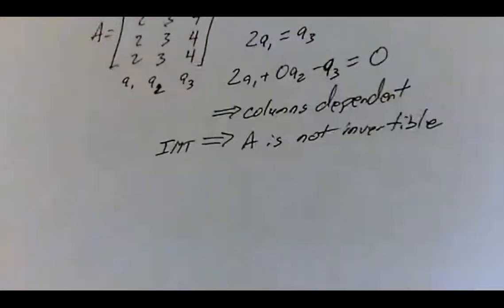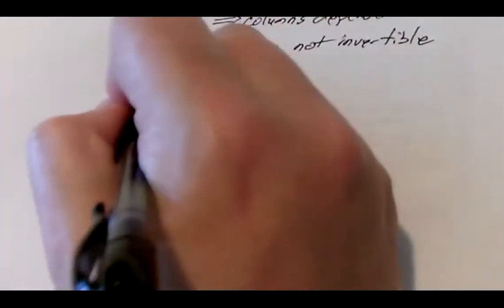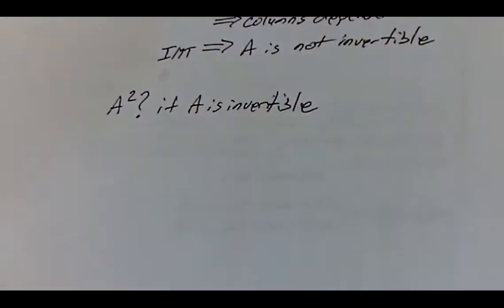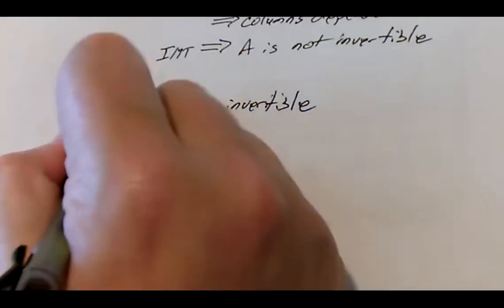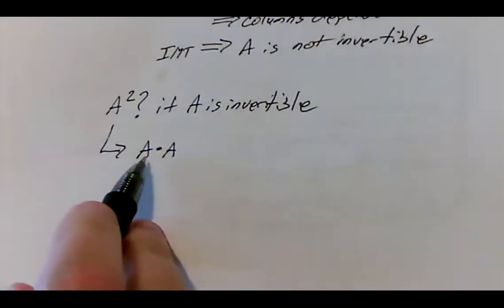One more observation here as I got to the end of those practice problems. If I know that A is invertible, what happens to A squared if A is invertible? Well, A squared we know is A times A. A is invertible.